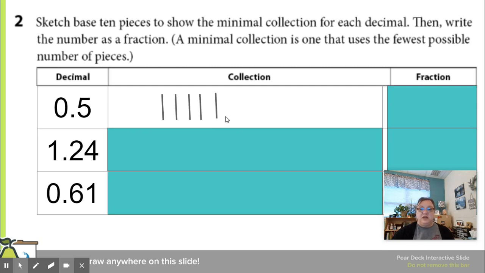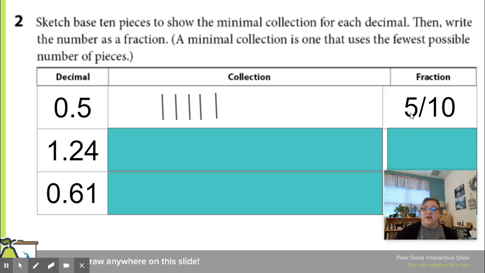Okay. So it's important that we would use 5 strips then instead of 50 units. Even though the value would be the same, it asked for a minimal collection. Now think about how to write that as a fraction. 5 tenths. Write that over here. 5 tenths. So remember that would be 5 over 10. 5 tenths.